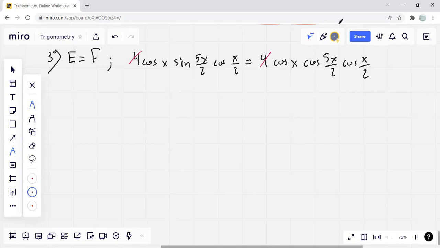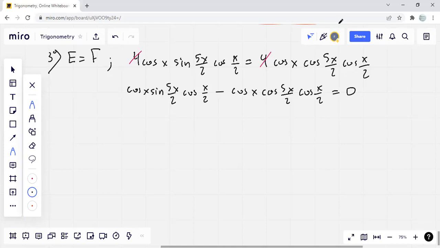How to solve such an equation? We gather everything on one side. So we will have cosine x sine 5x over 2 cosine x over 2 minus cosine 5x over 2 cosine of x over 2, and this is equal to 0.